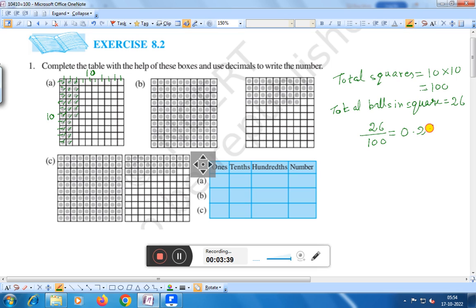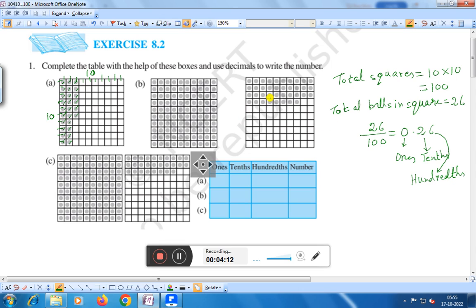0.26. Here you know that this is ones place, this one is tenths place, and this one is hundredths place.